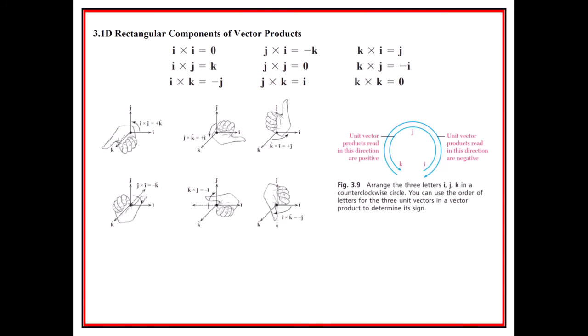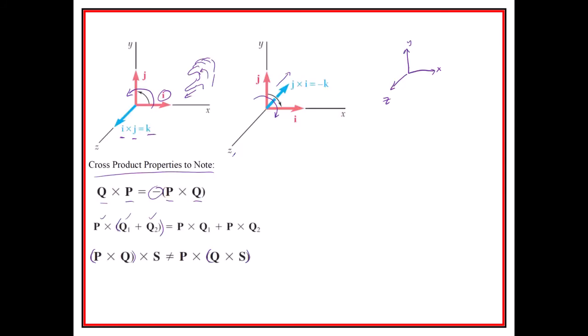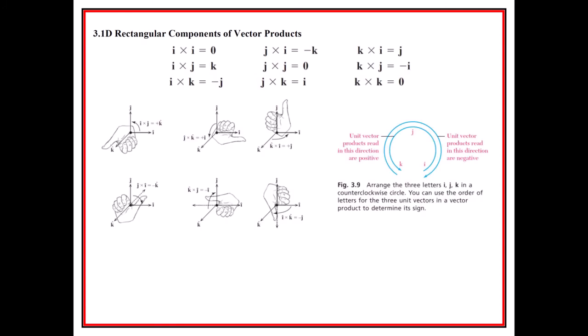All right, so here are the different combinations if you had two unit vectors crossed against each other. We need to know this because when we apply something in a second, we will be able to cross product all these things and distribute them out. And we'll see that quite often it's the unit vectors that get crossed with each other. So I crossed with I is 0, J crossed with J is 0, K crossed with K is 0.